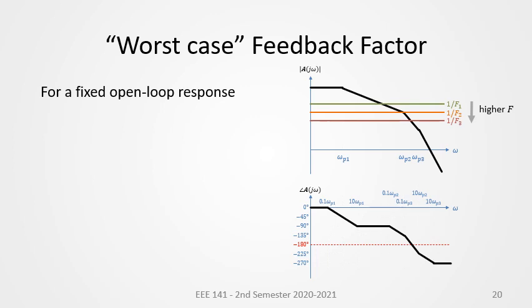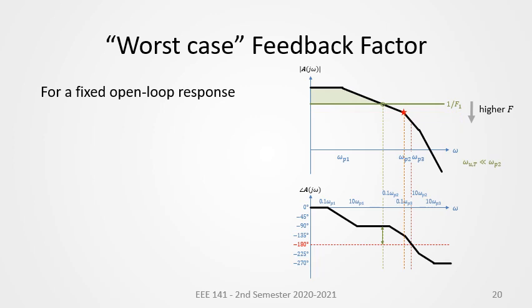Let f1 be less than f2, be less than f3. The lines 1 over f1, 1 over f2 to 1 over f3 decrease with higher f values. The intersection of the open loop gain to these lines should be the unity gain frequency of the loop gain for each case, where we have to take note of the phase shift and relate it to the minus 180 degree line.